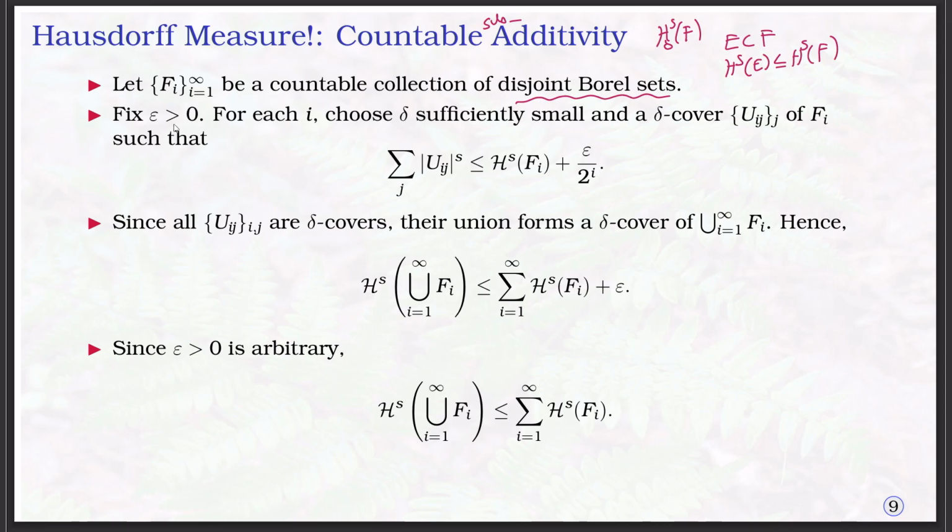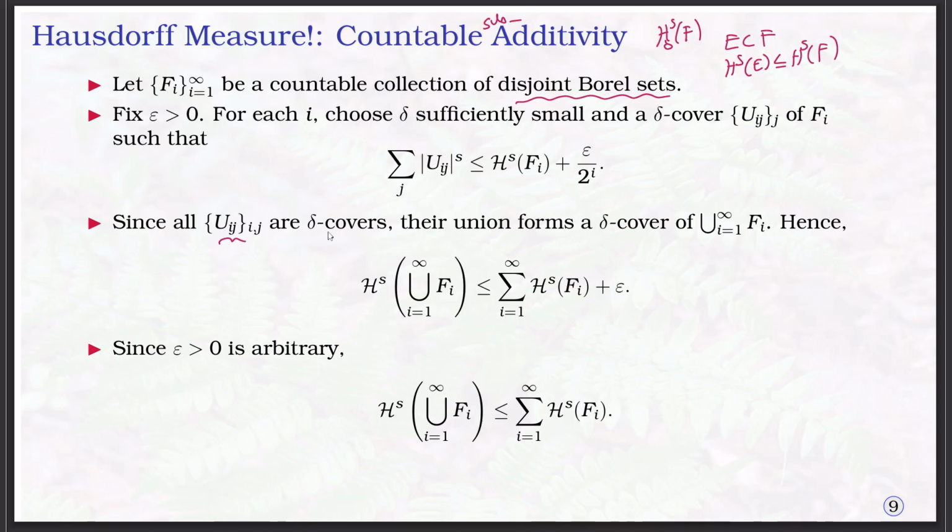If epsilon is greater than 0, for each i, choose delta sufficiently small and a delta cover ui j of Fi such that the summation over j of modulus of ui j to the power S is less than or equal to Hs of Fi plus epsilon by 2 to the power i.